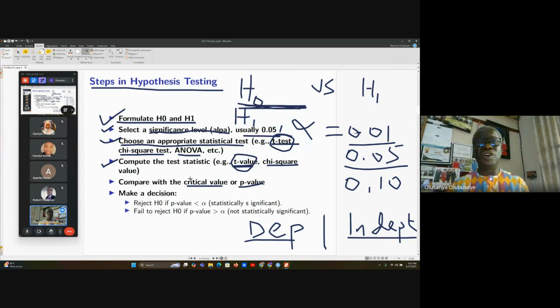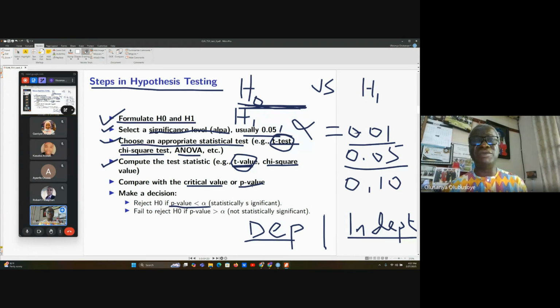So we will compare the critical value with the test statistic, or we compare the p-value with the level of significance, alpha. So this is what is done here, comparing the p-value with the level of significance.